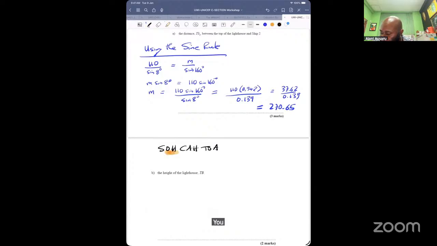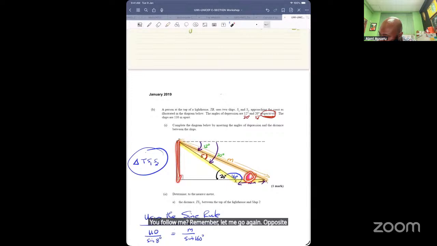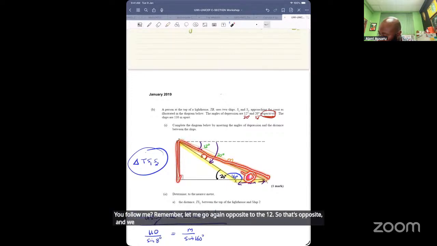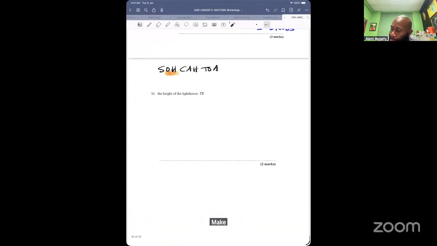You follow me? Remember, opposite to the 12, so that's opposite, and we have M, that's the hypotenuse in the right angle triangle. So we can use the sine because we have the angle. Make sense? We can also use cosine, but I'll show you in a minute.